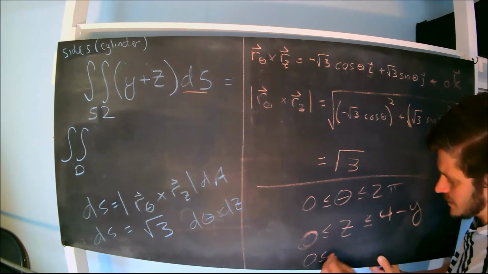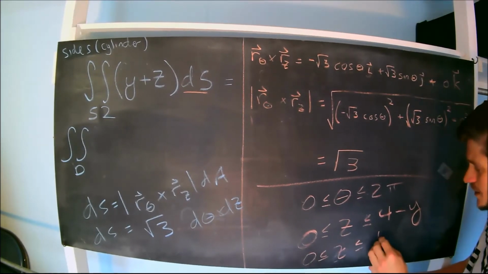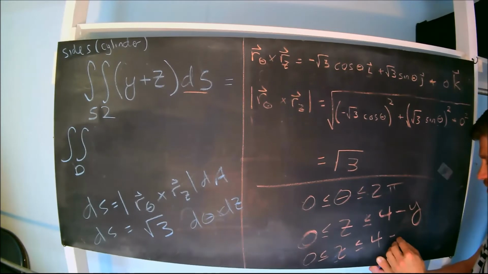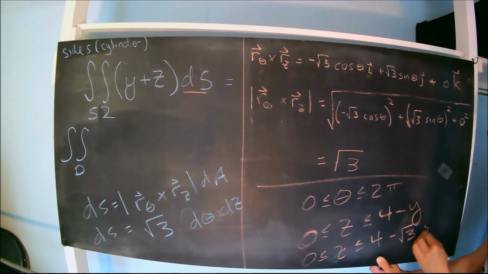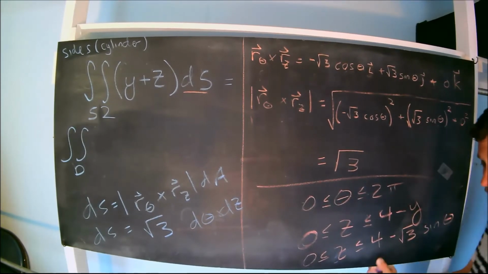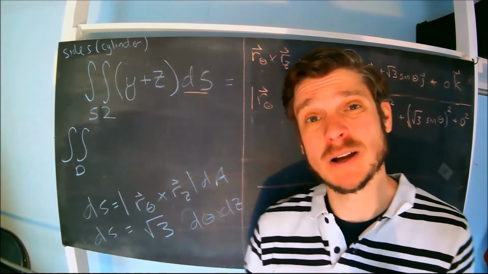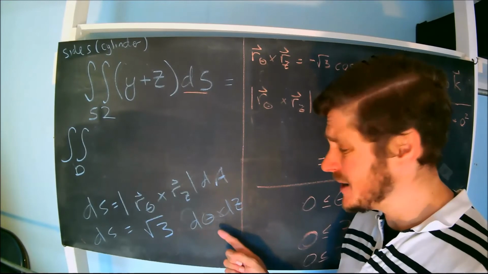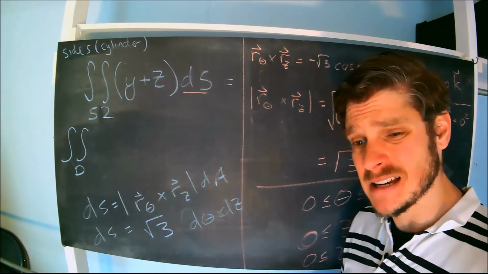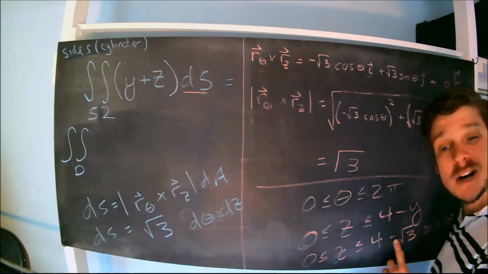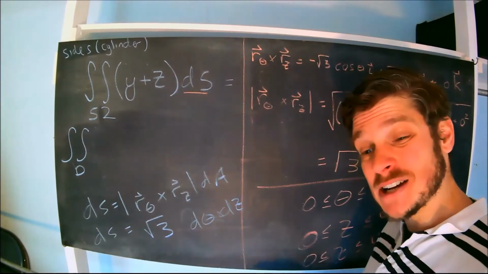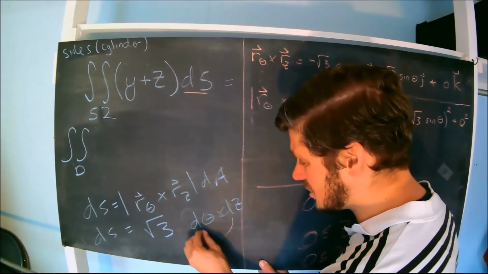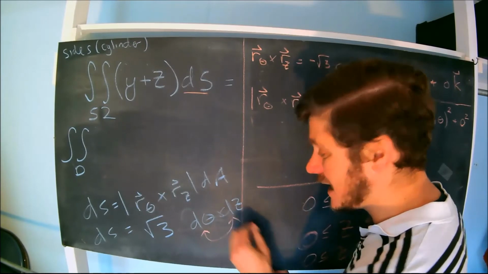So my upper bound for z is actually going to become 4 minus root 3 sine theta, which is what I'm going to have to plug in. Which also means that when I set this up, even though I put d theta first and then dz, z is in terms of a function of theta, so when I actually set up my integral, I'm going to have to swap these two.